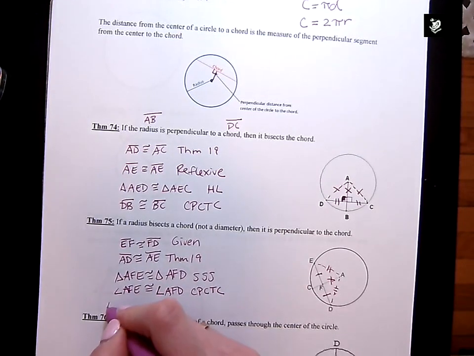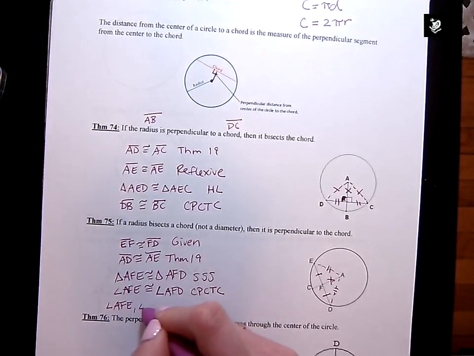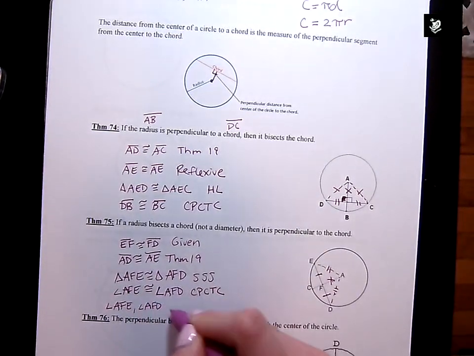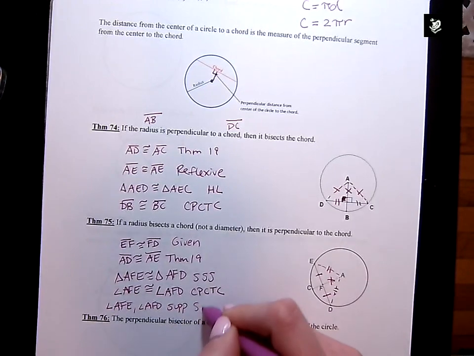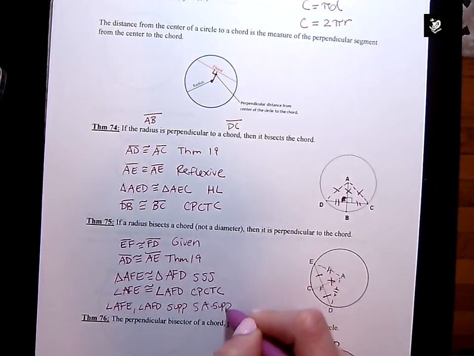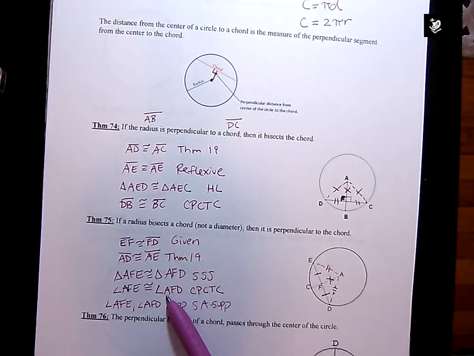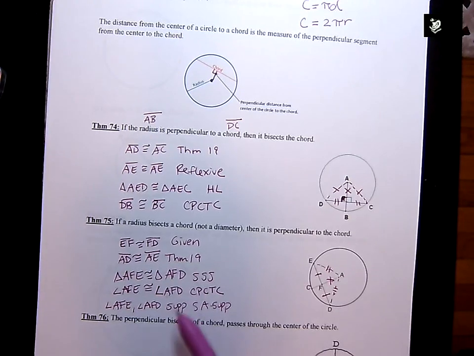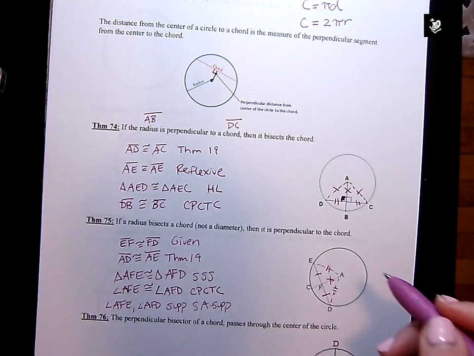We could also say that angle AFE and angle AFD are supplementary because they form this straight line. So there's our SA sub. So for those of you who remember way back, if you can show that two angles are congruent and supplementary, then therefore they are right angles.